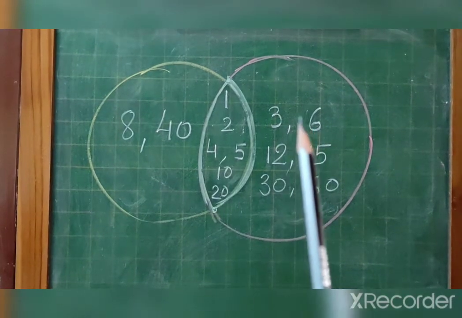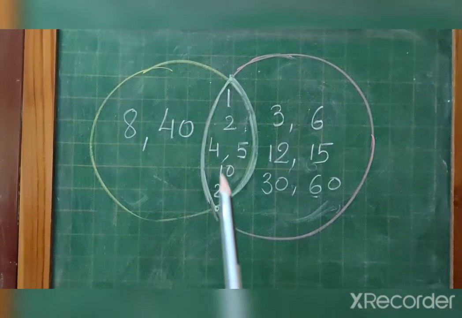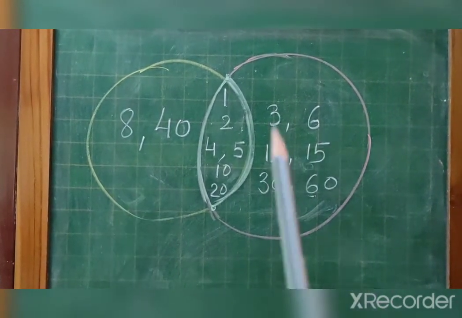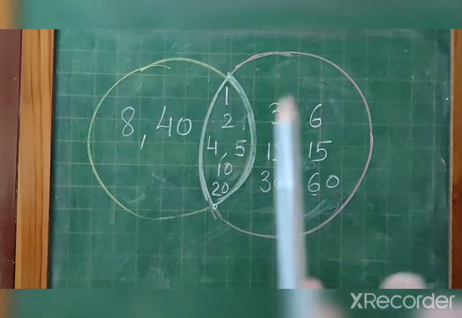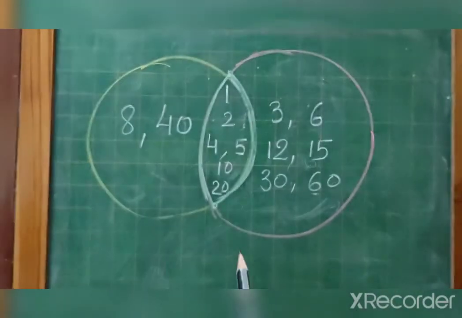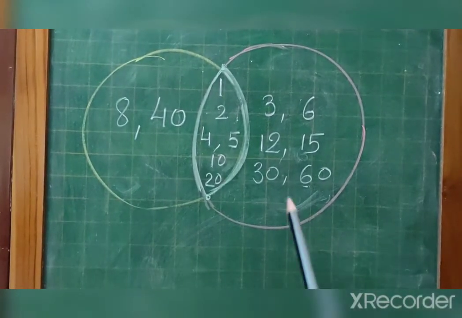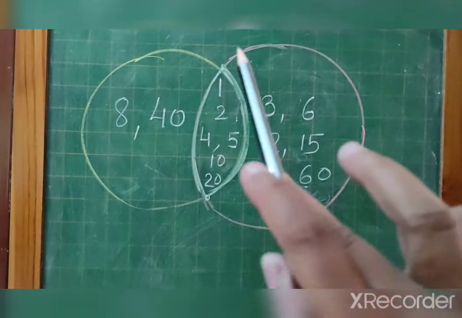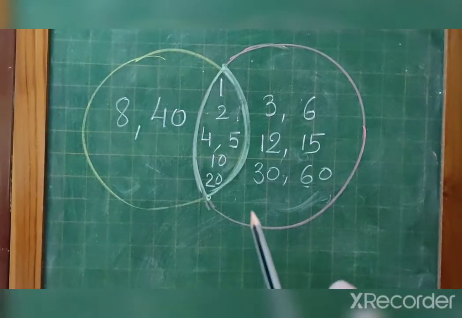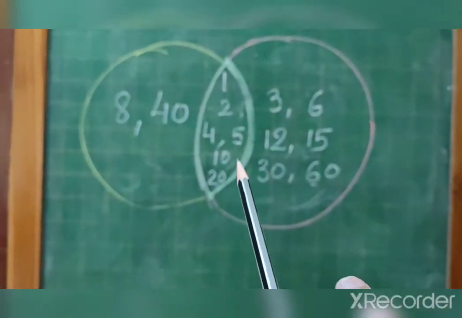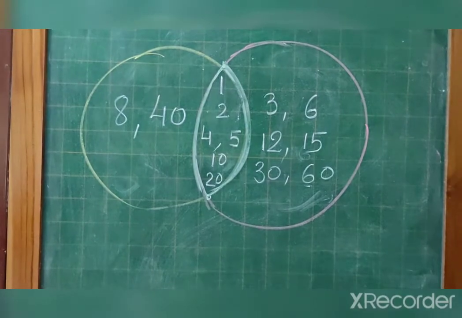Then 4 is here, 4 is here, write in the common part. 5, 5, and cut the numbers from both the circles. 10, 20, and the left numbers you can see. So the common factors of 40 and 60 are 1, 2, 4, 5, 10 and 20.